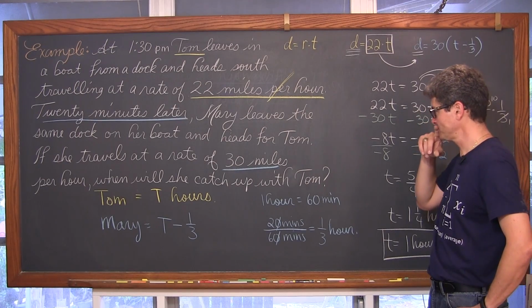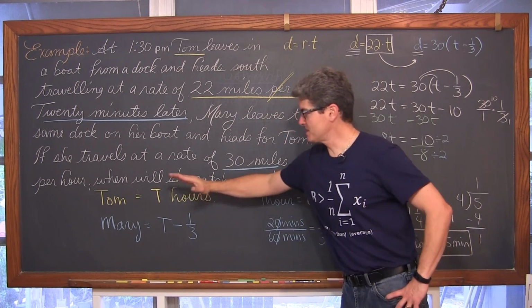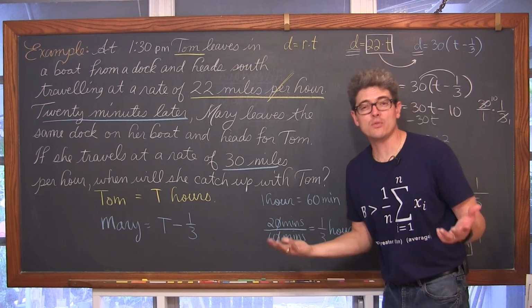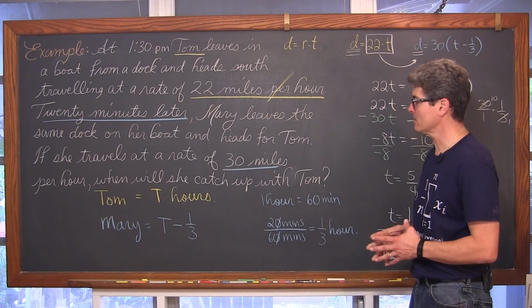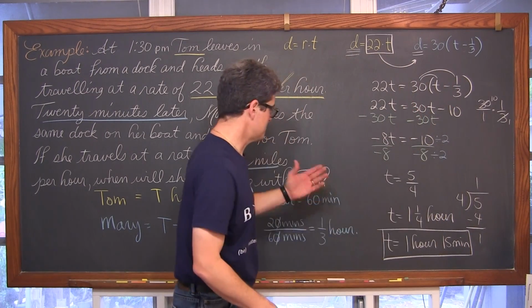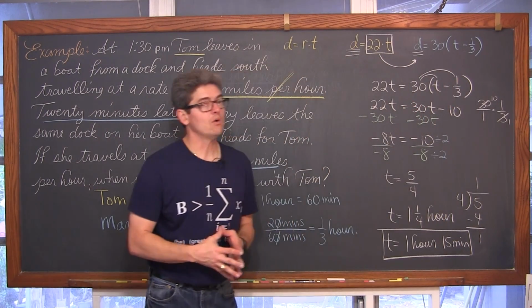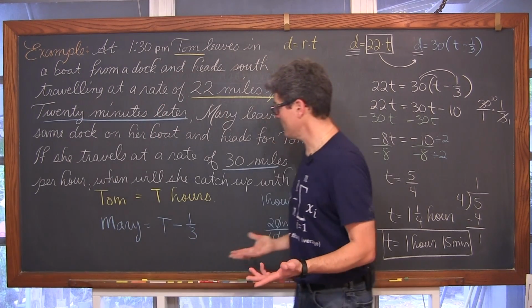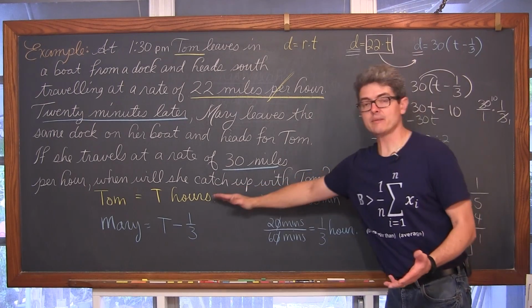Well, let's see here. T was Tom's time. And that's sort of how the whole problem started. Tom was on the water T hours, in his boat traveling for T hours. And T actually does come out to be 1 hour and 15 minutes. So she's going to catch up with him in that amount of time.